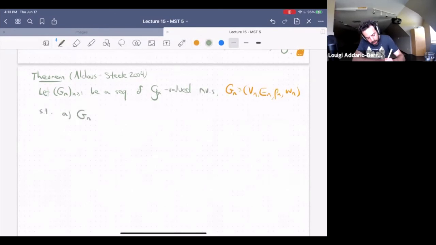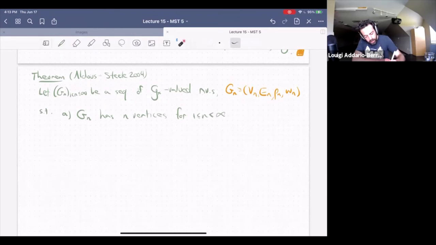So G_n has n vertices, at least for the finite graphs, and then the infinite one will also satisfy that.